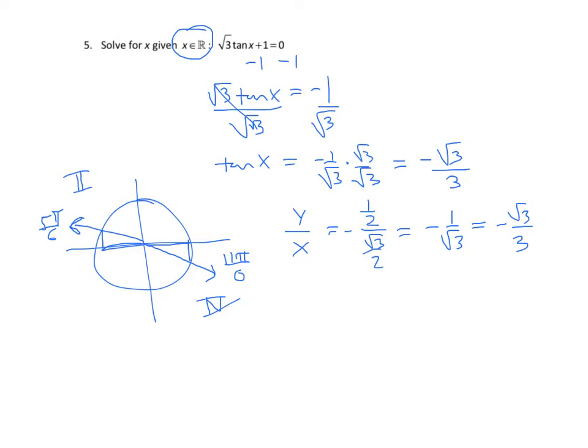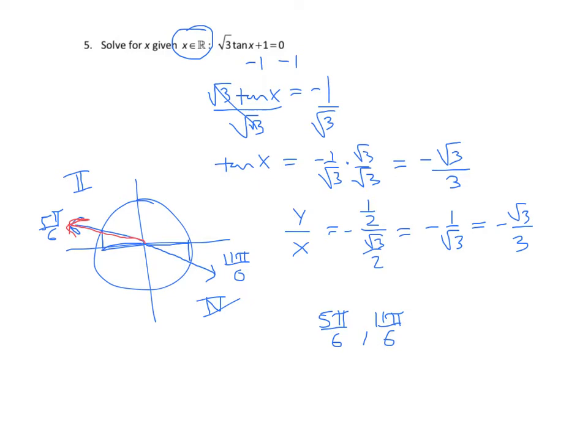But we want to list all the places, not just on the unit circle, but in the whole real number plane. So if we have 5 pi over 6 as our first angle, and then our next one is 11 pi over 6. And then if I make another half circle, I get back to an angle coterminal with 5 pi over 6.